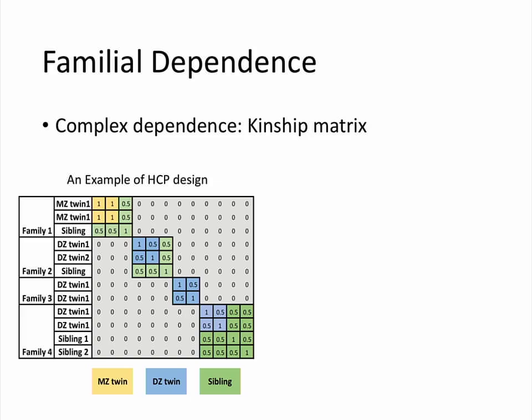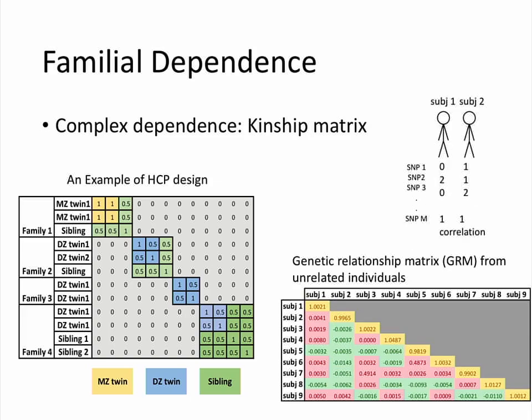Also, in studies of completely unrelated individuals, another sort of weak dependence can be defined, and this is captured in a genetic relationship matrix, or GRM, where each element of the GRM is simply a Pearson correlation between the 2 subjects of minor allele frequencies among all of the individuals. Towards the end of the talk, I'm going to describe why this GRM is important and how it can be used.